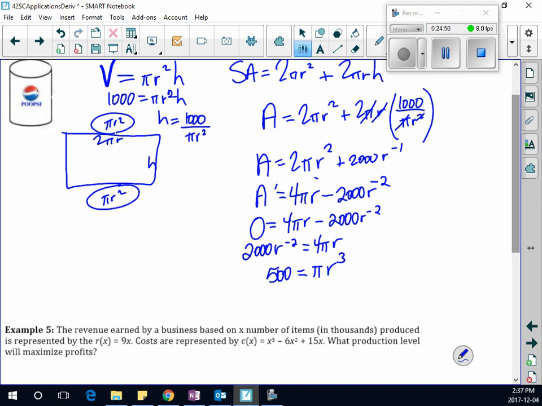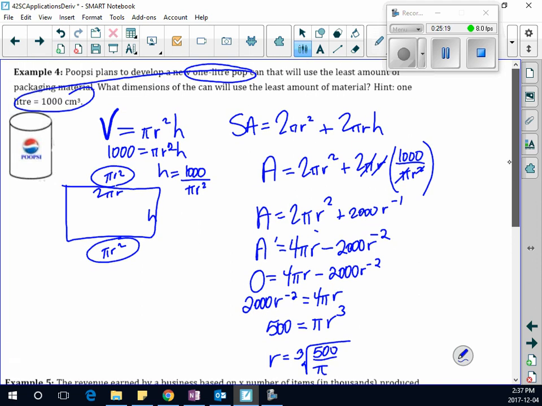So I need to solve for r, so I do need to get rid of the pi, right? So what would r equal? The cube root of 500 over pi, sorry about that. Over pi.